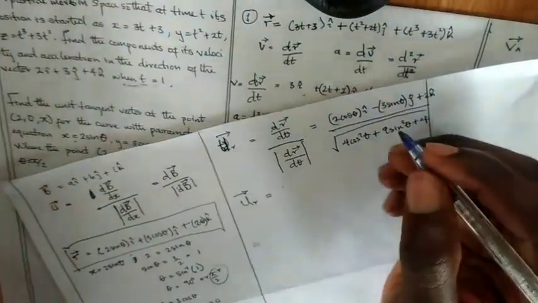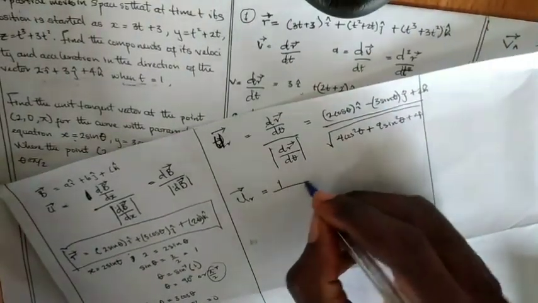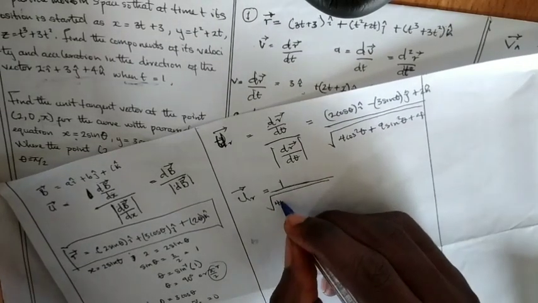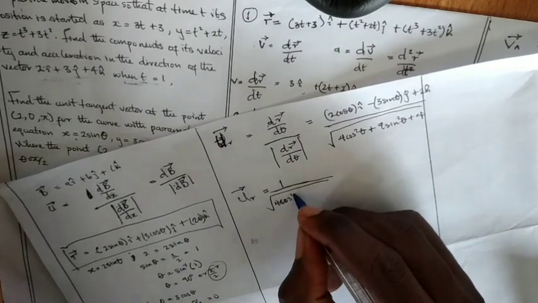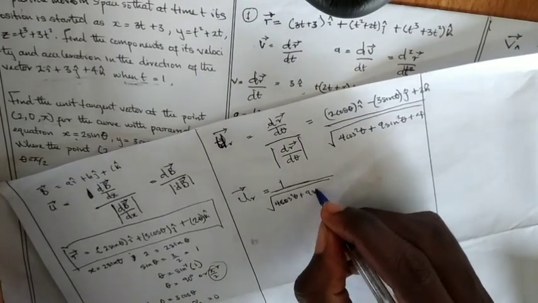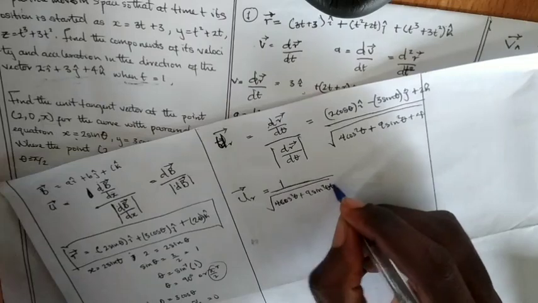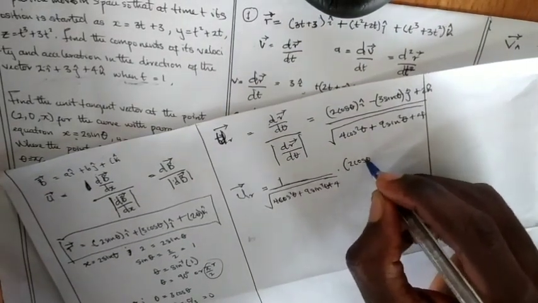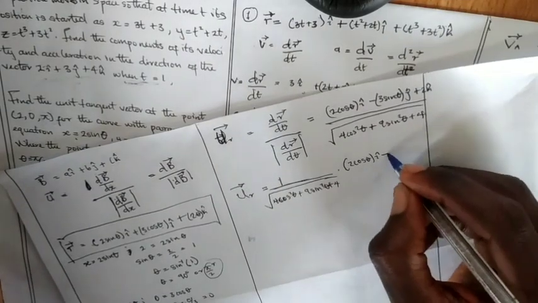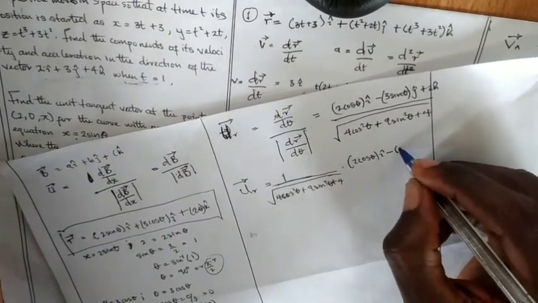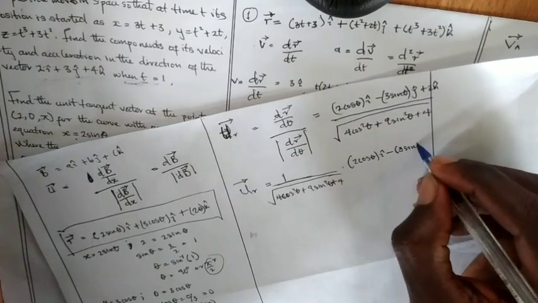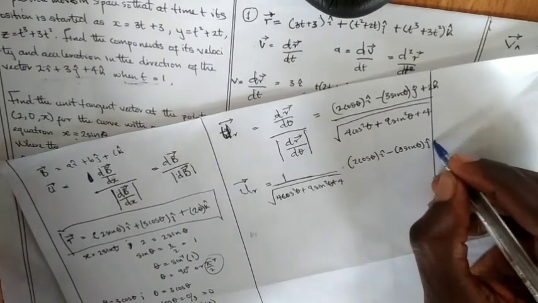We can simplify further by factorizing out the root part as 1 over the root of 4 cos squared theta plus 9 sin squared theta plus 4, dot 2 cos theta i minus 3 sin theta j plus 2k.